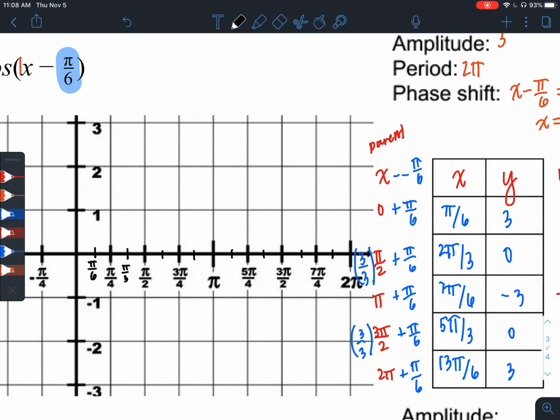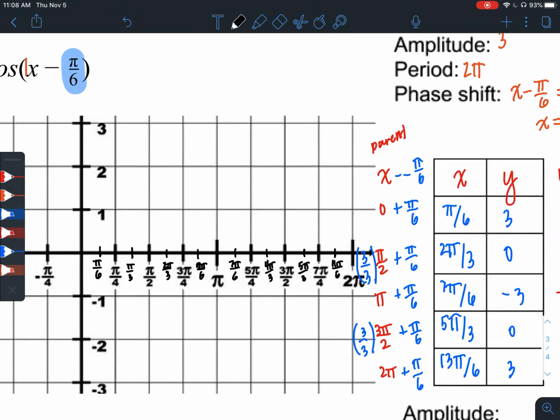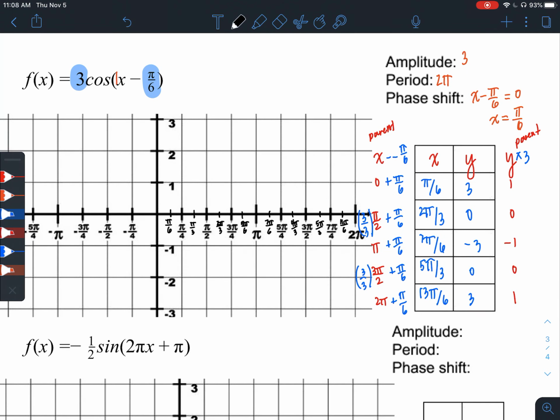Okay, so then this is 1, 2, 3, 4, 5 pi over 6, 6, 7 pi over 6, 8 pi over 6, 9 pi over 6, 10 pi over 6, 11 pi over 6. So sometimes it'll require you to relabel. Just do your best with that. It's just going around the unit circle.